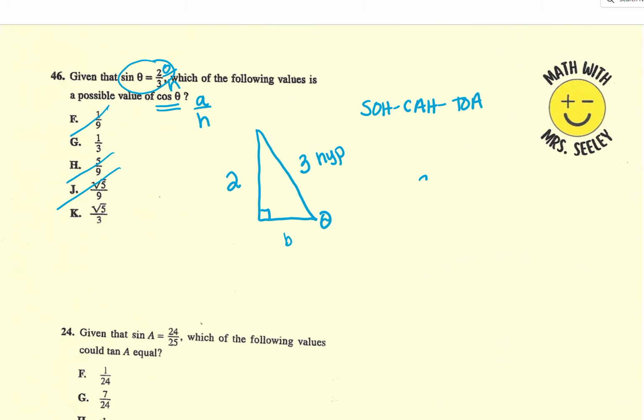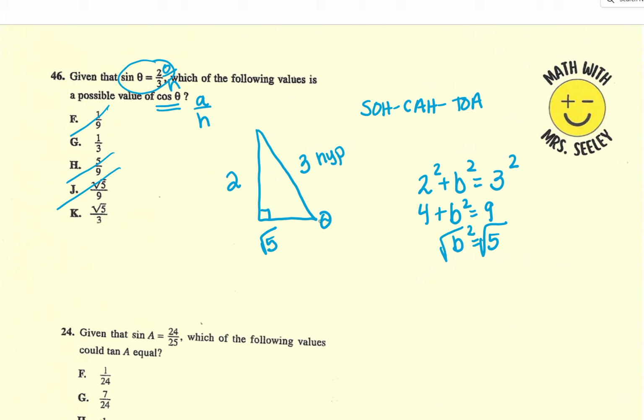Using the Pythagorean theorem, 2 squared plus b squared is equal to c squared. Remember we said leg squared plus leg squared is always your hypotenuse squared. So I'm going to subtract, and if you want to, you could go ahead and write it out. So I'm going to subtract the 4, take the square root, and I get that b is the square root of 5.